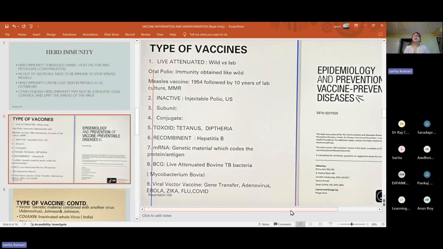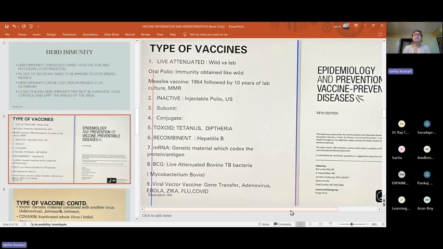The incidence of actual polio from the vaccine is around 1 in 2 million. So in other words, someone can get polio from the oral polio vaccine also. Very rare, but it can happen.